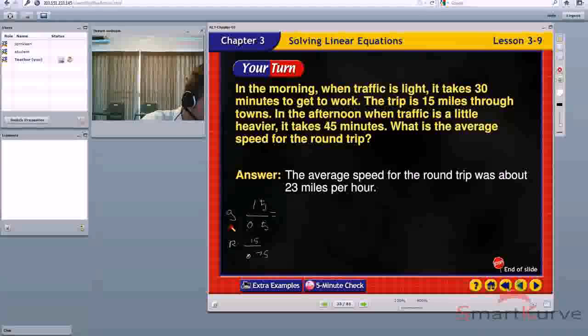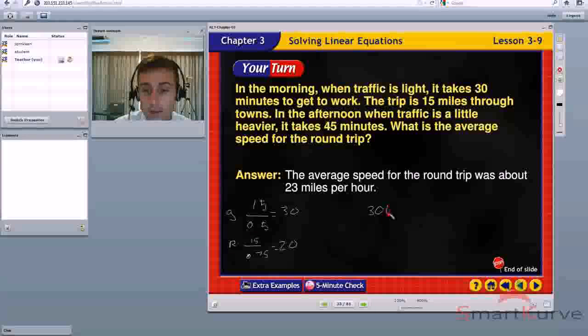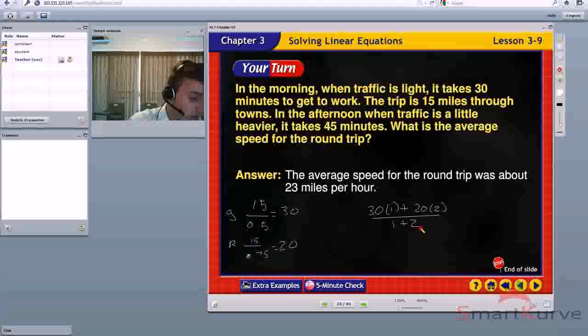Now, 15 divided by 0.5 will give us 30. 15 divided by 0.75 will give us 20. So we have 30 times 1 plus 20 times 2, remember the weighted average, divided by 1 plus 2. 20 times 2 is of course 40, plus 30 is 70, divided by 3.